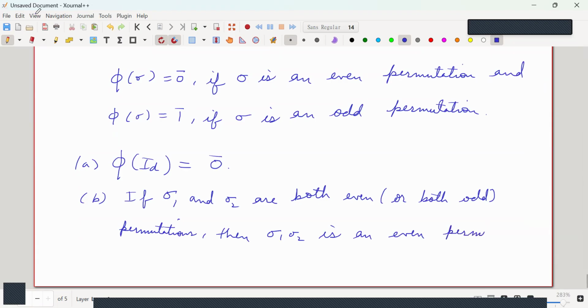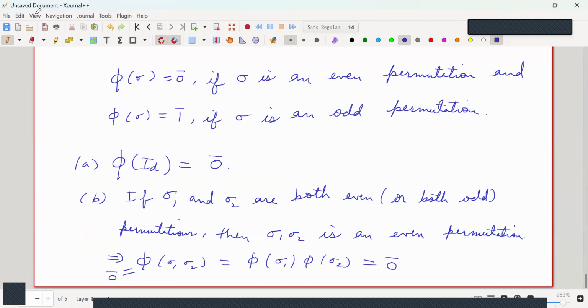If both are of the same parity, then after multiplication, you will get an even permutation. Which implies phi of sigma 1 sigma 2 is 0 bar, because this is even. And this is the same as phi of sigma 1 plus phi of sigma 2, which is also 0 bar.